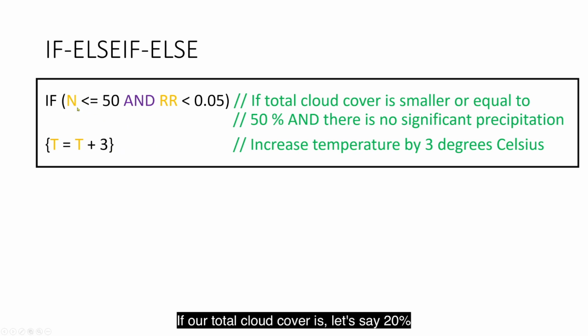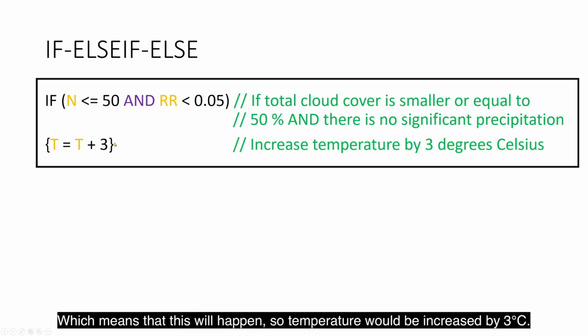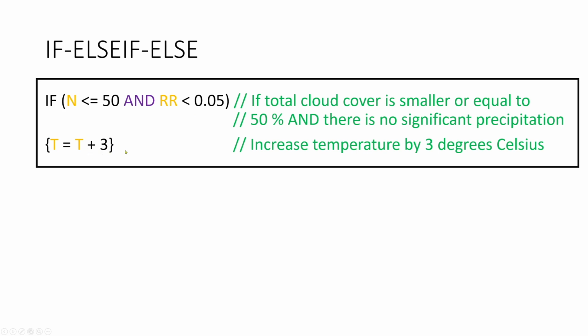If our total cloud cover is, let's say, 20% and our precipitation rate is 0.01, both of the conditions are fulfilled, which means that this will happen, so temperature would be increased by 3 degrees Celsius.